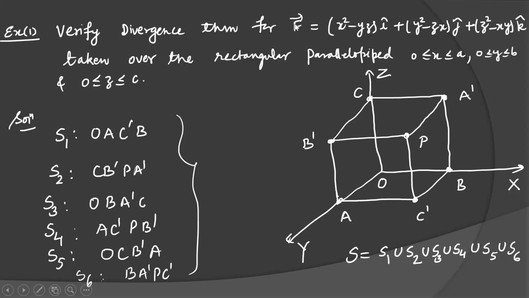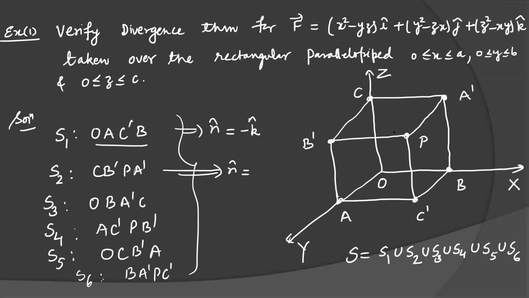So now all these are 2D surfaces. If you see OAC dash B, it is in the XY plane, backward direction. So in the XY plane, the outward vector should be k cap, but it is on the back side, so the direction of the outward vector will be directly opposite. So it will be minus k cap.